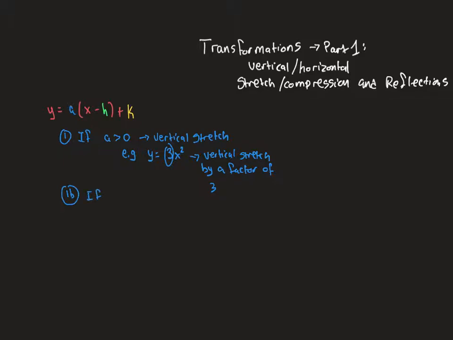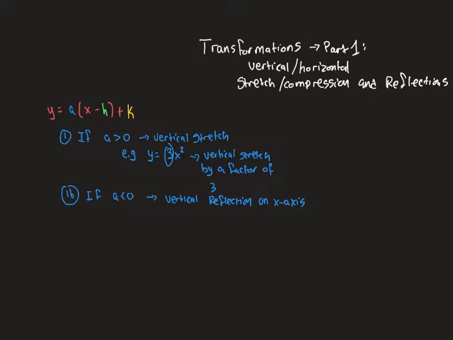All right? Now, keeping with the 1, you have a second part here, which is 1b. If a is less than 0, that means it's a negative number, you have a vertical reflection, a reflection on the x-axis. Okay?